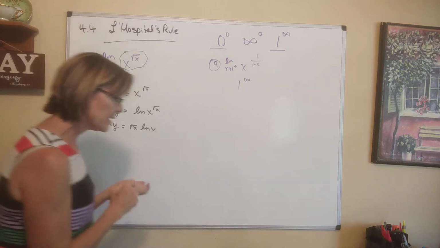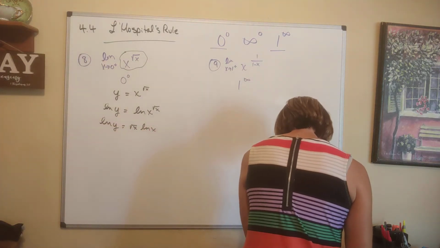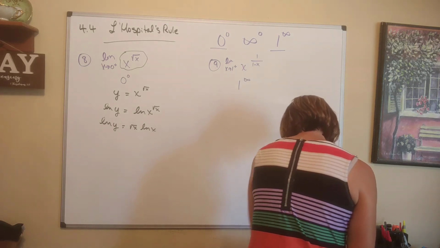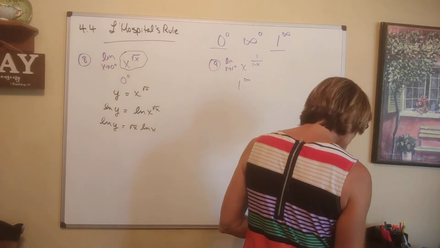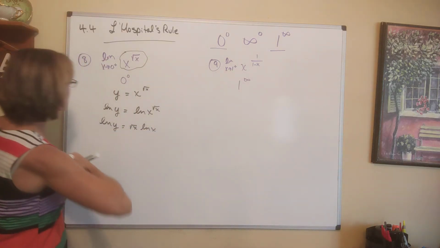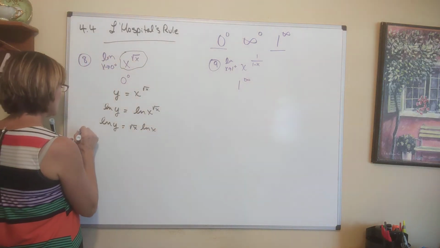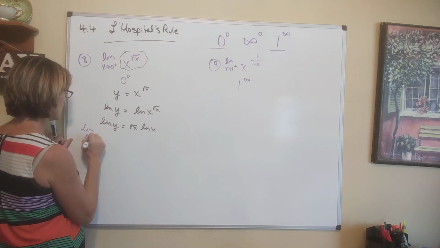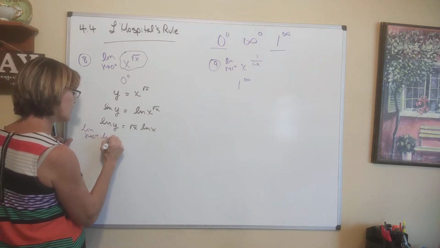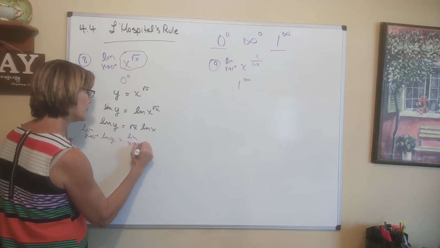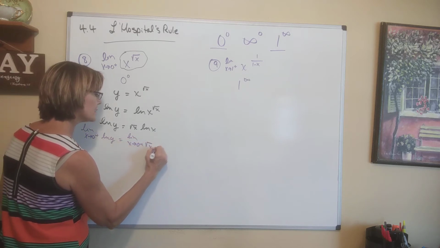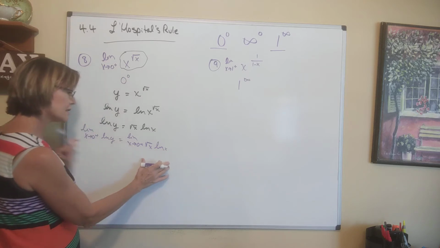Now, once we get it to that state, we will go ahead and apply the limit back in. So the limit as x goes to 0 from the right of the natural log of y is the limit as x goes to 0 from the right of the square root of x times the natural log of x. Let's concentrate on this.